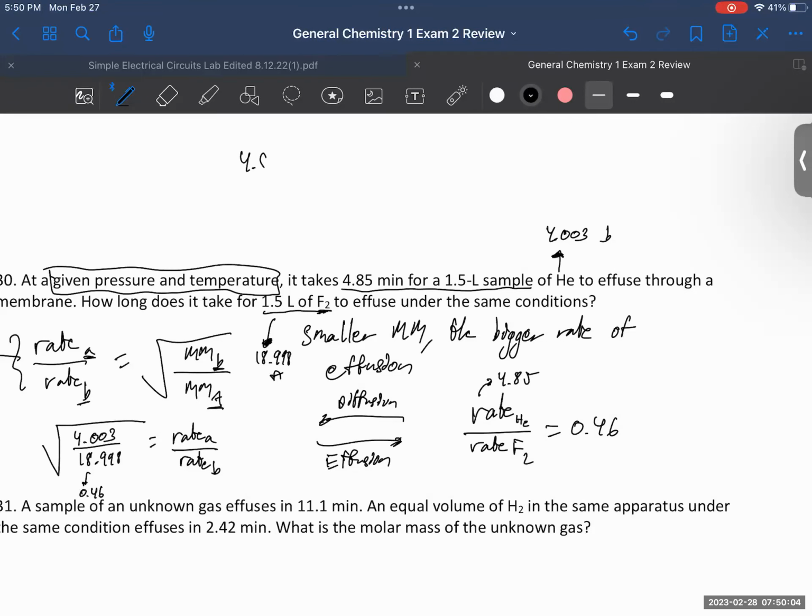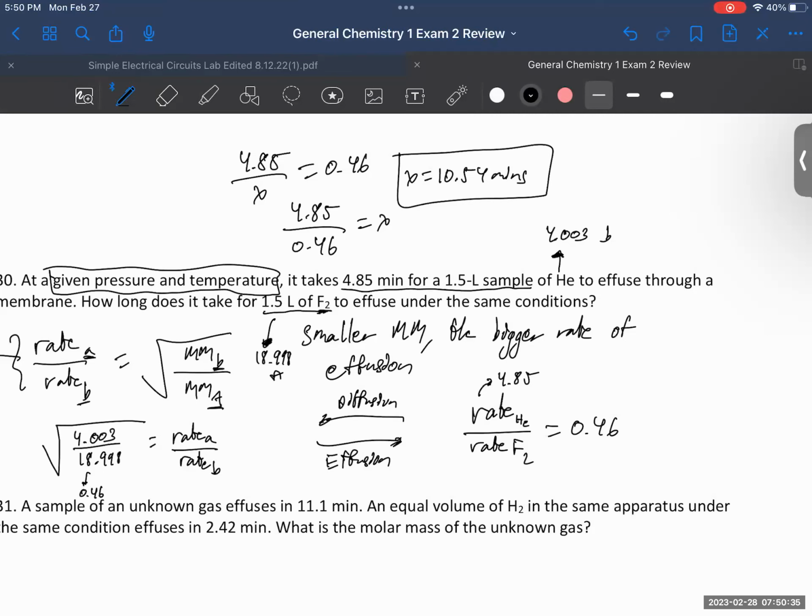So we're going to say 4.85 over x equals 0.46. Because that's basically the rate. The rate is time in this instance. So what we're going to do is just solve for x. So 4.85 over 0.46. When I solve that out, I get 10.54 minutes.